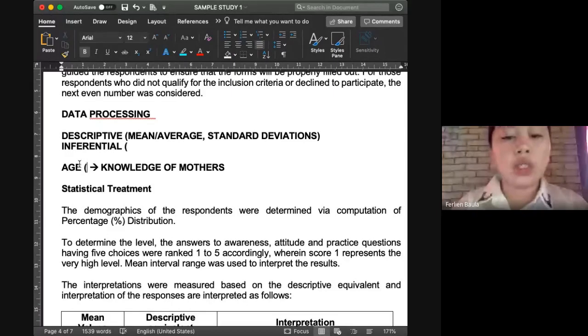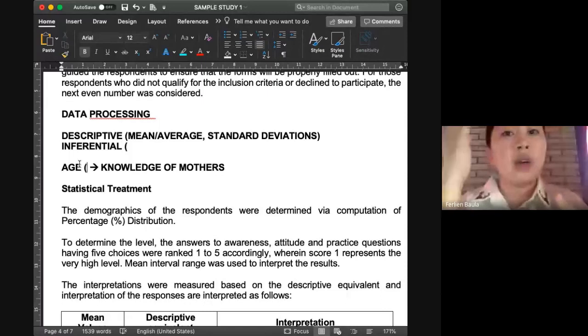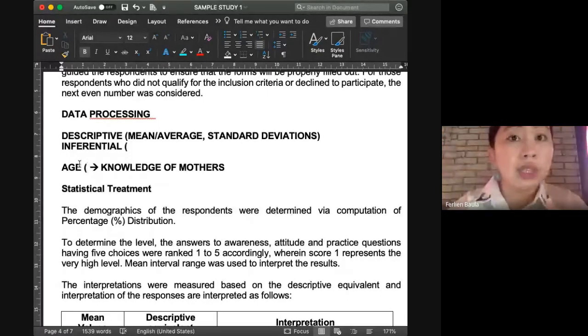So, pwede ang age, ano ba yung nabasa ninyo? Yung mga young mothers ba may different level of knowledge sa mga young adults na naging mothers or sa mga menopausal na naging mothers? So, yung inyong questionnaire should contain a bracket or a groupings for age.